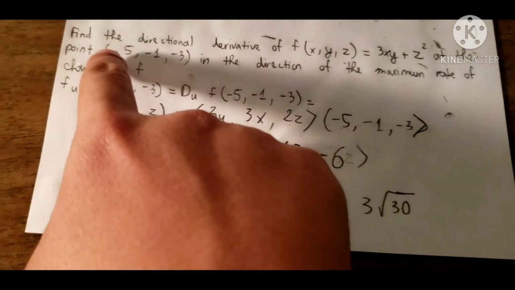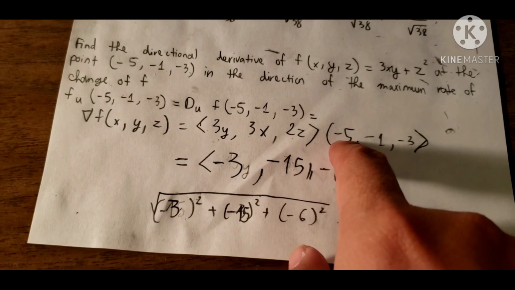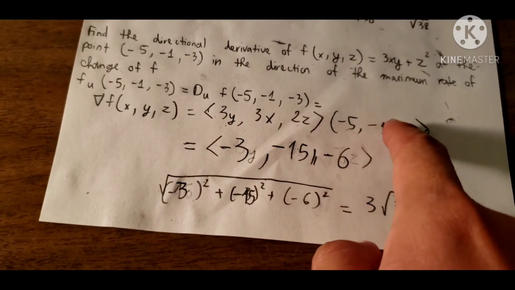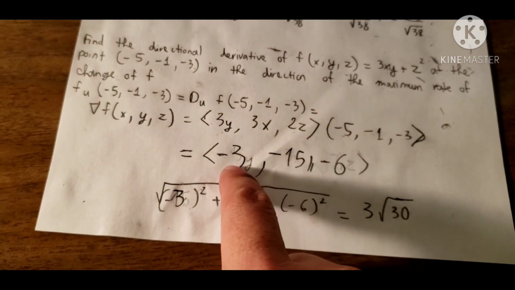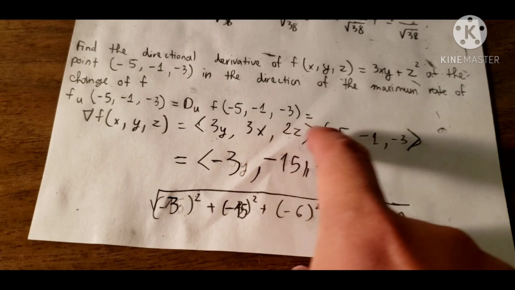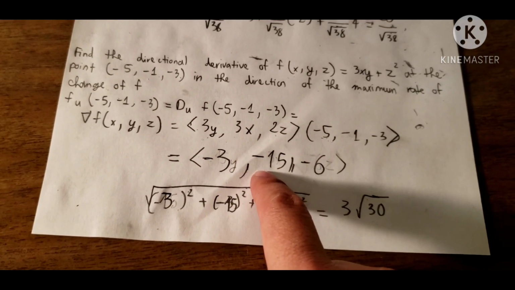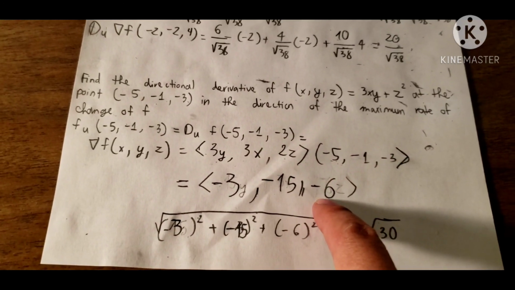And we have the point minus 5, minus 1, minus 3, so y becomes minus 1. 3 multiplied by minus 1 gives minus 3. With x, 3 multiplied by minus 5 gives minus 15. 2 multiplied by minus 3 gives minus 6.